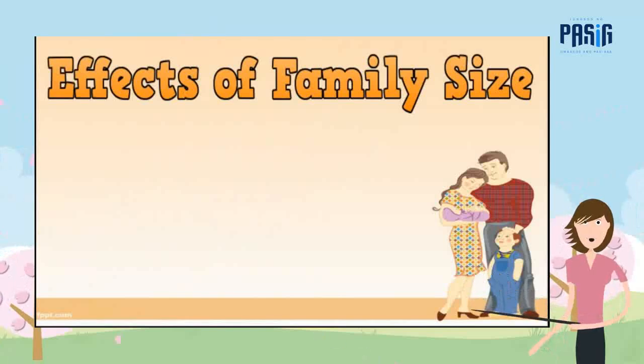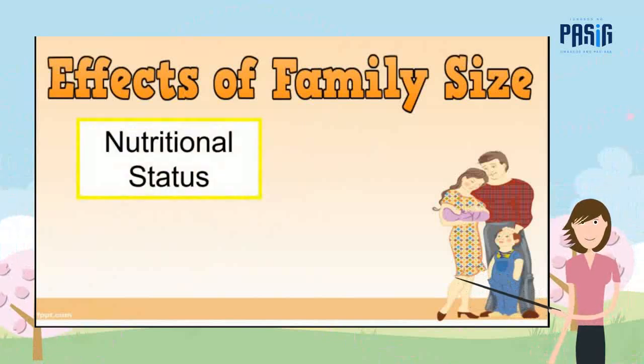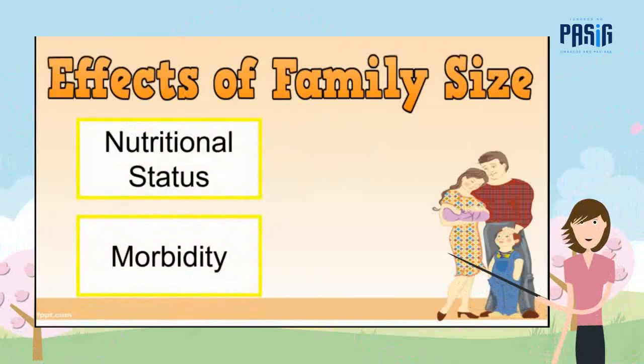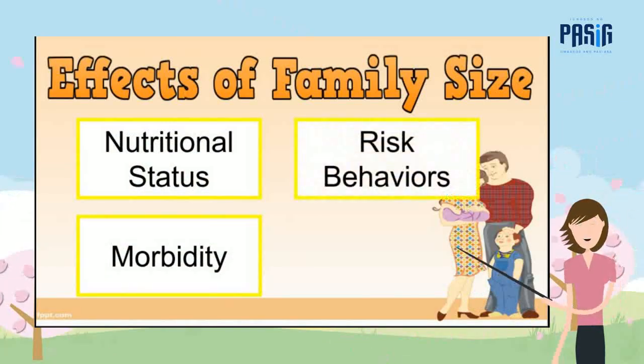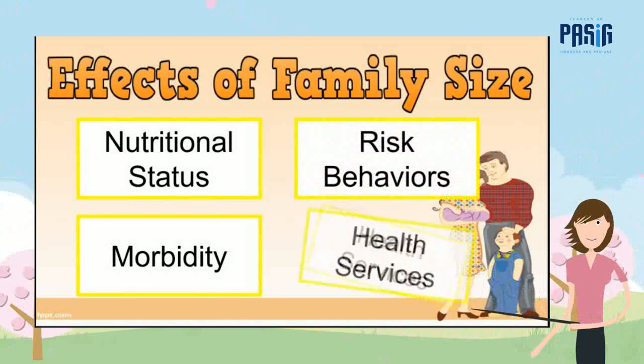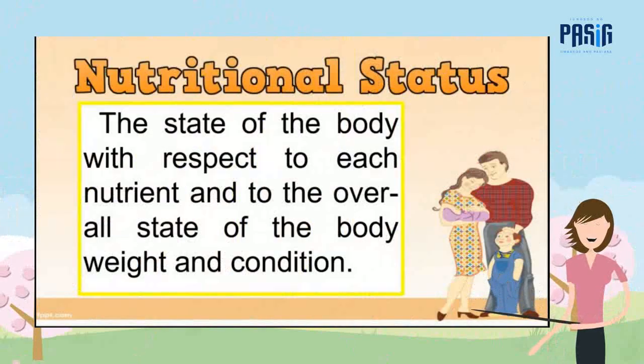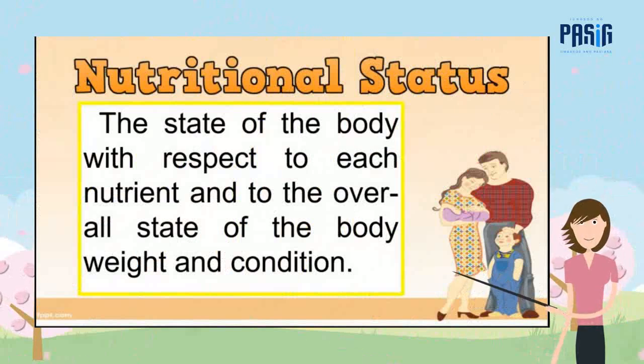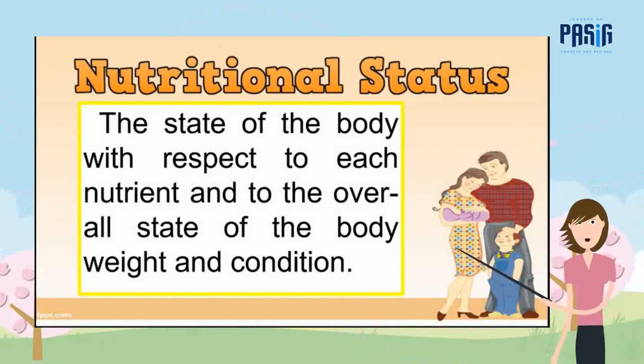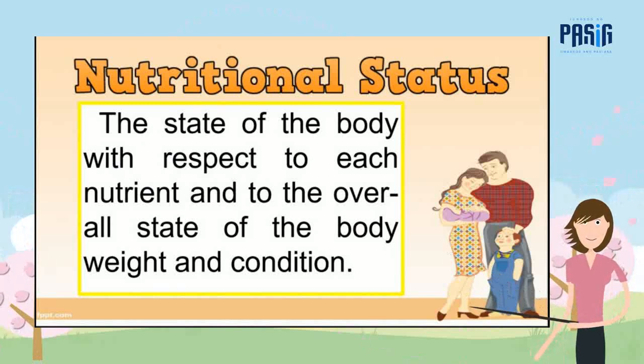Now let's proceed with the effects of family size on the health of the nation. Number 1, nutritional status. Number 2, morbidity. Number 3, risk behavior. And number 4, health services. For nutritional status, it is the state of the body with respect to each nutrient and the overall state of the body weight and condition.